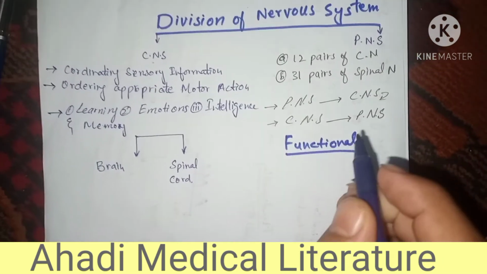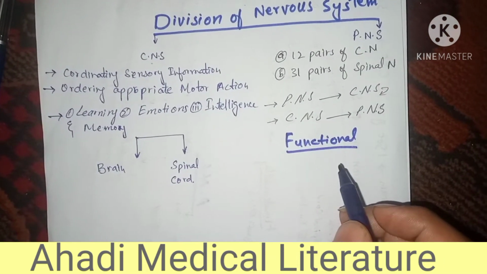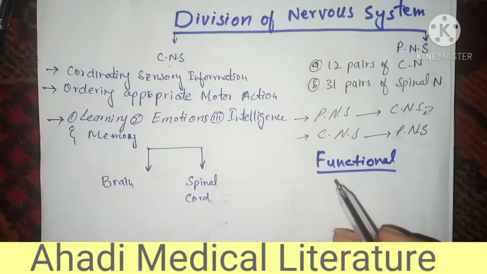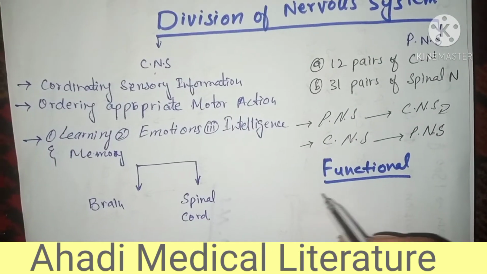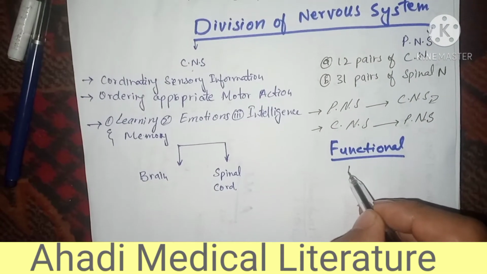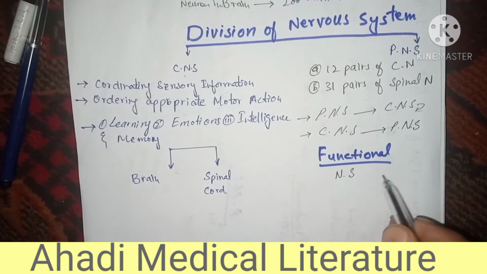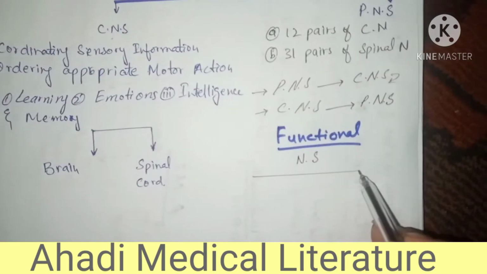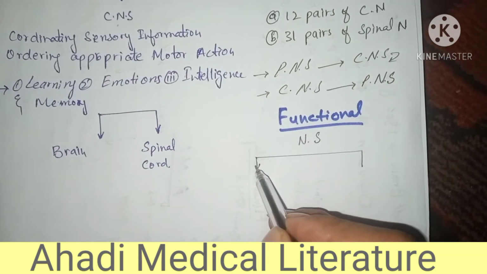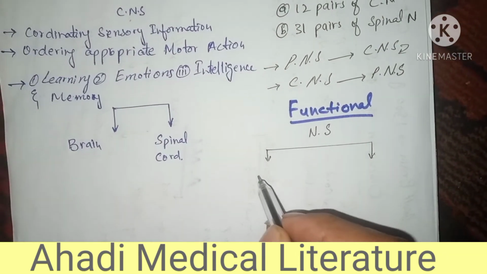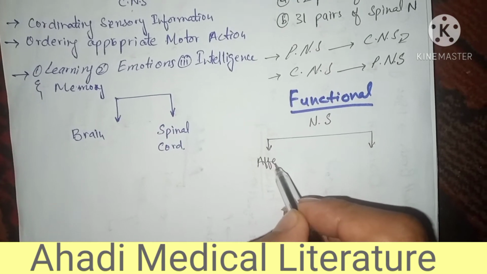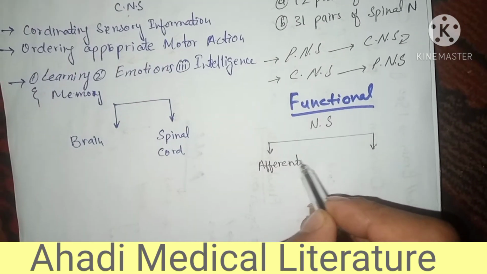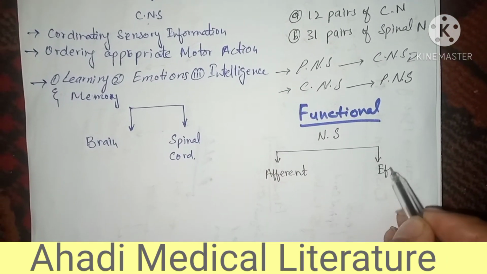The functional nervous system consists of two components. The first component is afferent, the second is efferent.